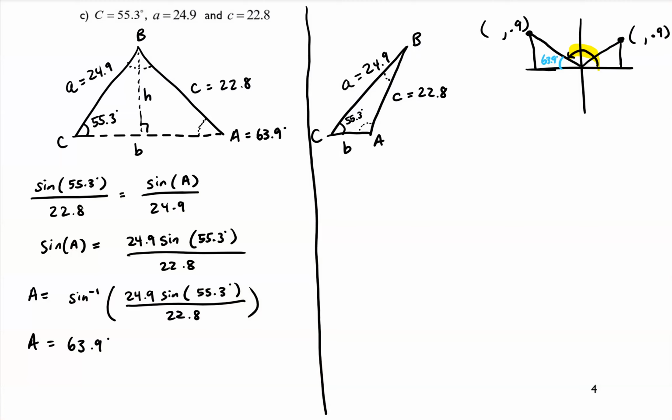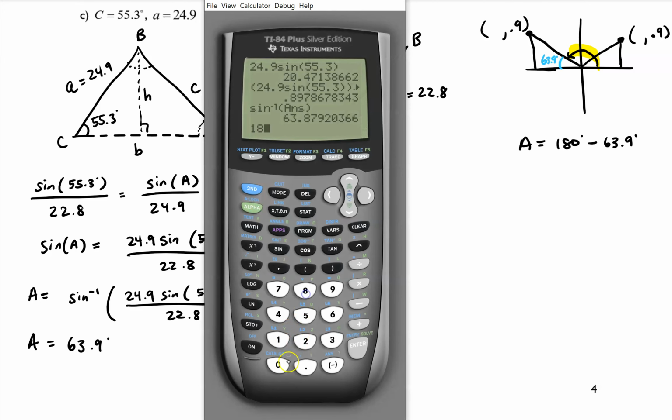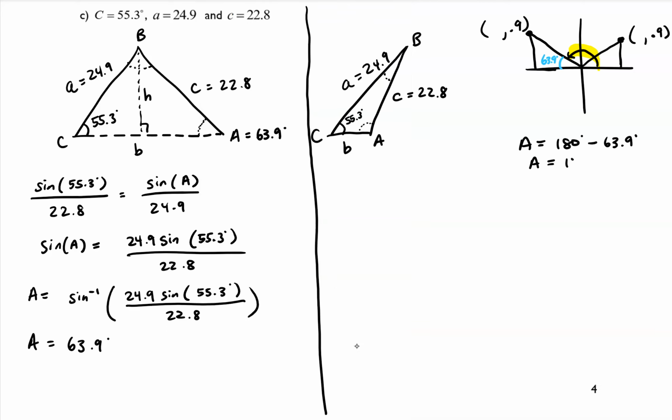So A equals 180 degrees minus 63.9 degrees. And let's just throw that into our calculator really quickly. So that is going to be 116.1 degrees. Okay, so we solved for angle A in both of our triangles now.